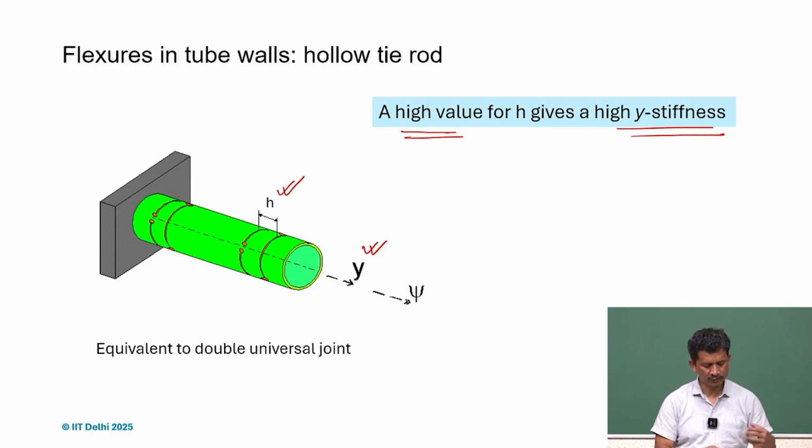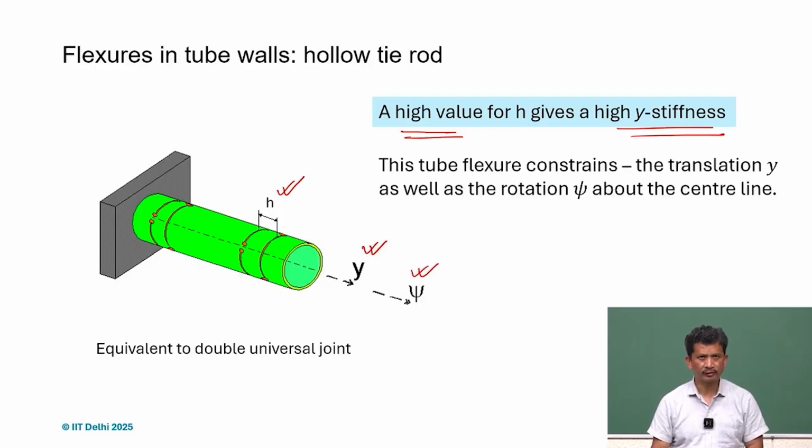And of course, if we check this arrangement, the rotation along the center line is also constrained because it has a huge stiffness.